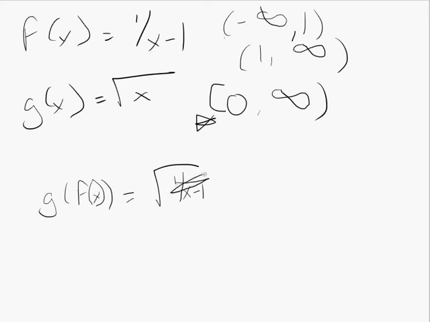But you can't take the square root of a negative number. If you have a fraction, and the fraction itself needs to be positive, and you know that the numerator is always positive, then what do you need to know about the denominator? It has to be positive, right?